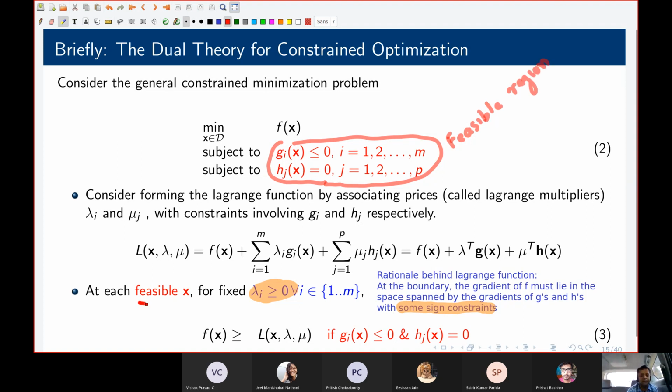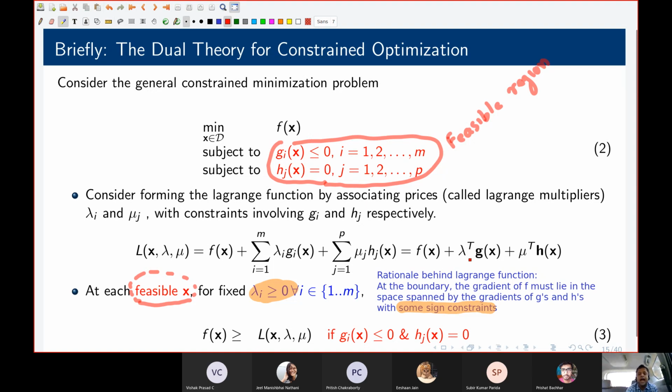So for every feasible x, if you fix the lambda_i's, so that the directionality is taken care of as discussed earlier, you can show that f(x) is greater than or equal to this Lagrange function. Why?